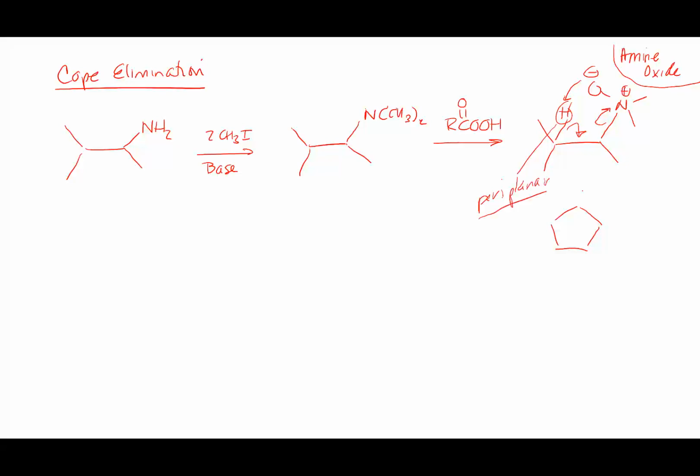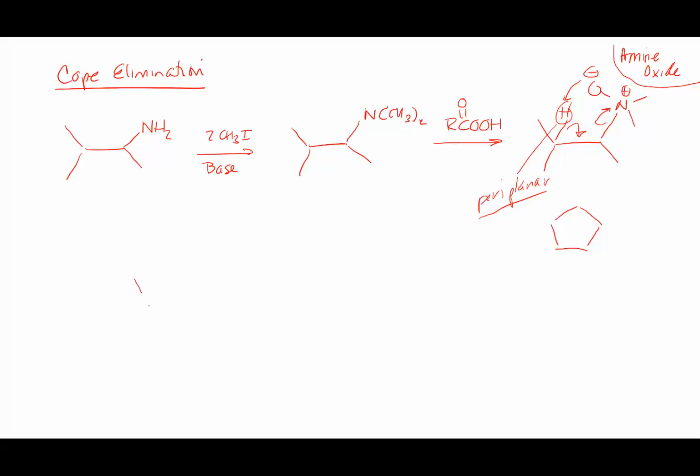And all that means is it just has to be planar to the NO group. But it's not anti, because the 5-membered ring can't stretch that far. And so now what I've done is I've set up the reaction to give me the least substituted double bond, but now from the periplanar geometry.